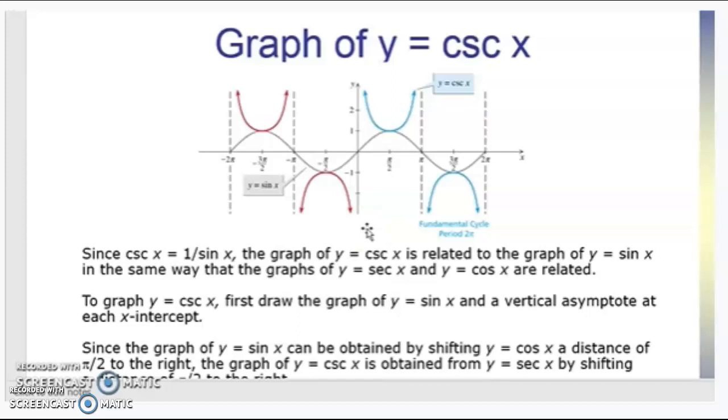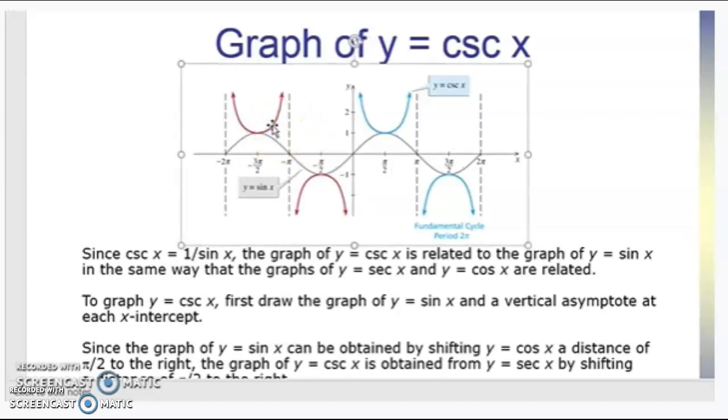Just like the graph of the secant that we just covered on the previous slide, you can see likewise that when the graph of the sine function has a maximum, the cosecant function is a parabola opening upward, approaching the asymptotes but not crossing, and that maximum value on the sine function serves as the vertex of a portion of the cosecant function graph.